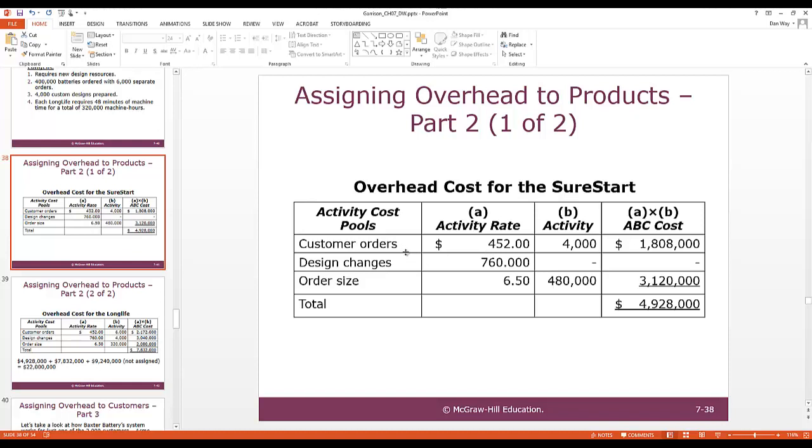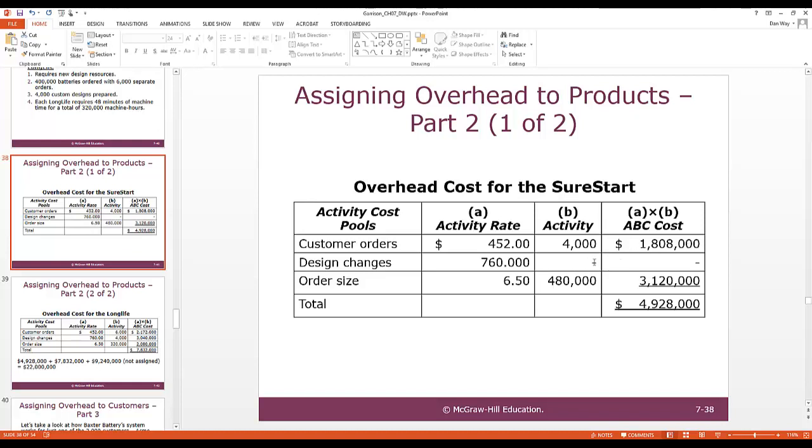The customer orders, the design changes, which in fact didn't need any, and then order size. So customer orders, our activity rate for that was $452 per order. And the Sure Start needed or used 4,000 customer orders. So we're going to assign overhead costs 4,000 orders times the rate of $452 per order, or $1,808,000 to the Sure Start product.